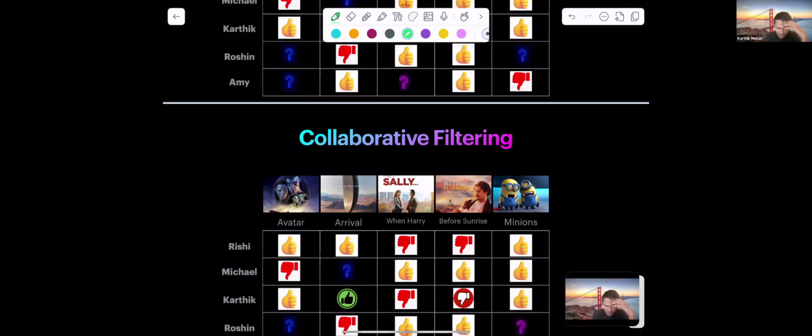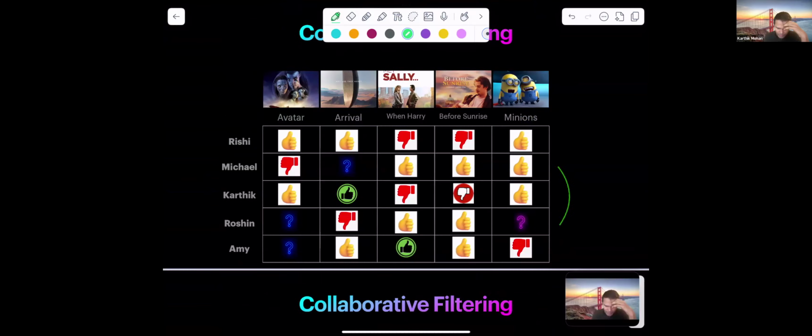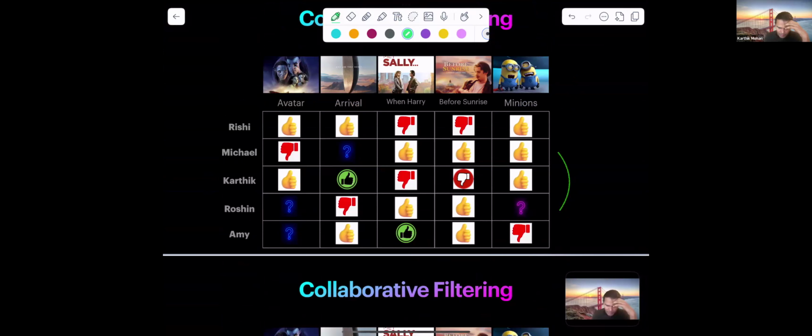And similarly, I can look at other users that are similar. For instance, Michael and Roshan are similar because there is a similarity in this movie, and then there is a similarity on Before Sunrise as well. So maybe if Michael likes Minions, I would say Roshan also likes Minions.